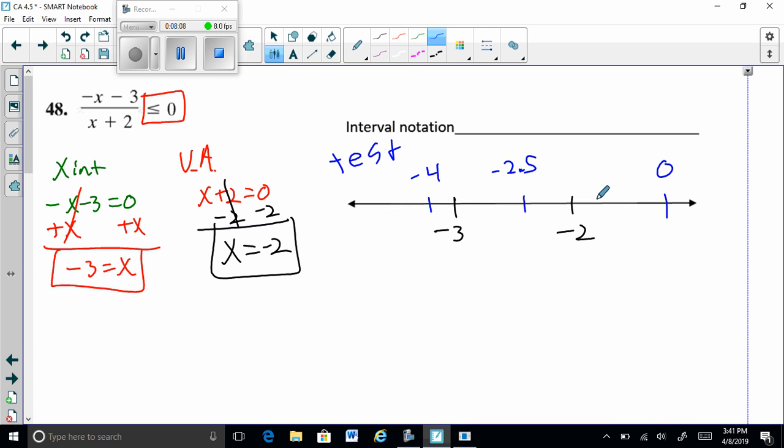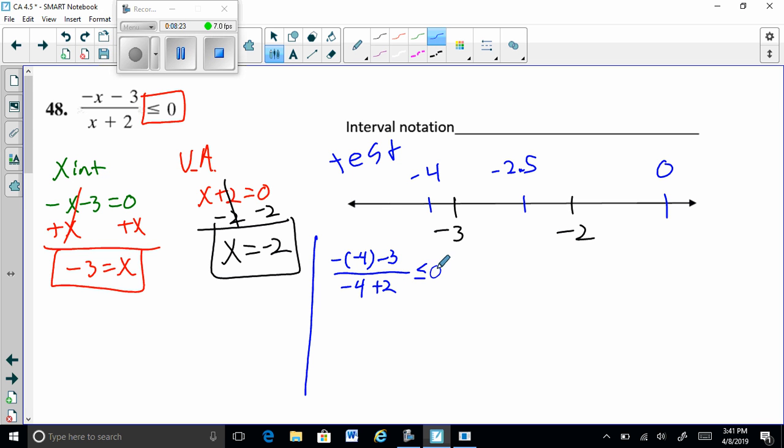All right. So let's go ahead with -4. We're going to test this. So we're going to have -4 minus 3 over -4 plus 2. And we want to figure out, is that less than or equal to 0? So we just have to clean it up and figure out what we're dealing with.